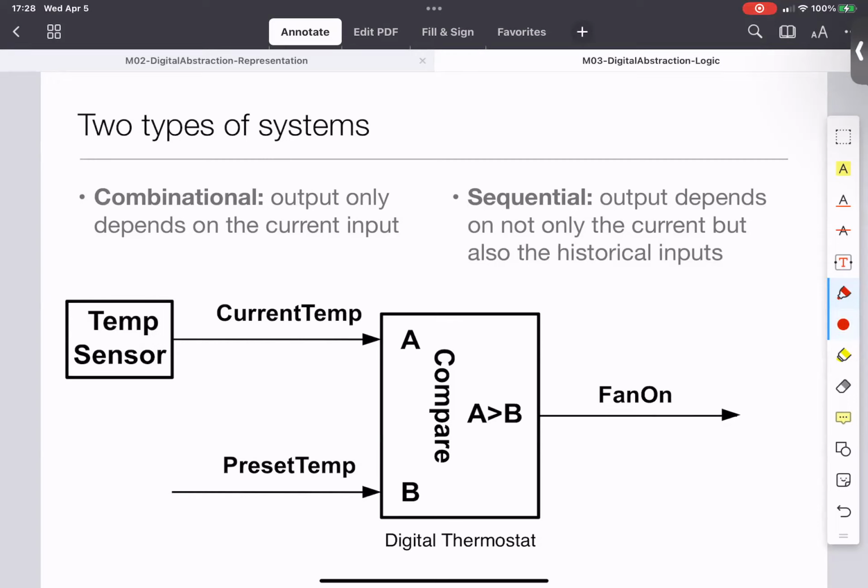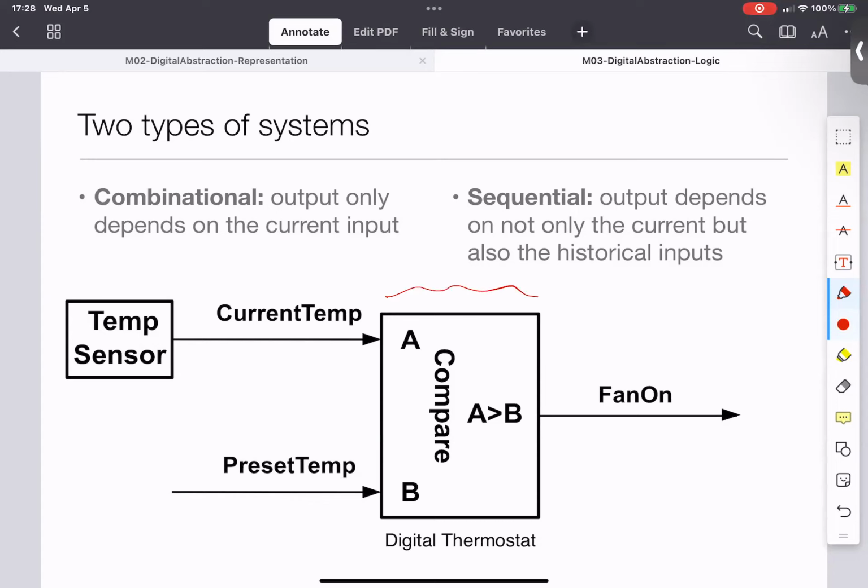So again, I'm asking whether this guy is combinational or sequential. Right. So it is true that user set the temperature in the past, but at the current moment, input B is whatever the user set. You're right. I mean, the user may have set it in the past, but insofar as this box is concerned, current value of B is this, current value of A is this.